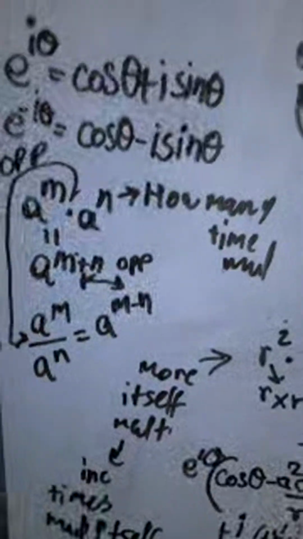So if I have a raised to m and a raised to n, addition is the opposite of subtraction, and multiplication is the opposite of division. So we are doing opposite things to make it balanced.